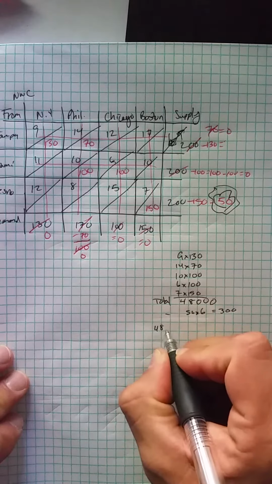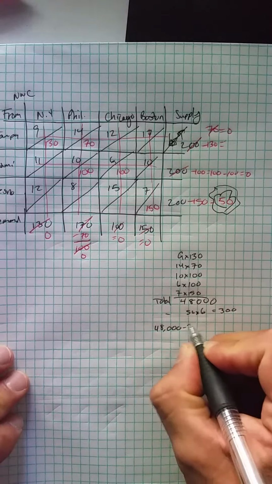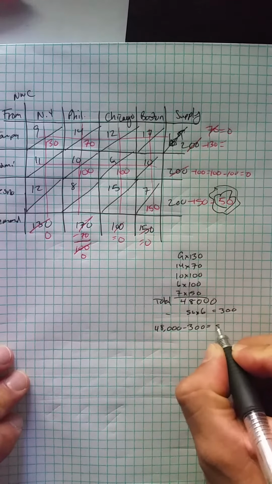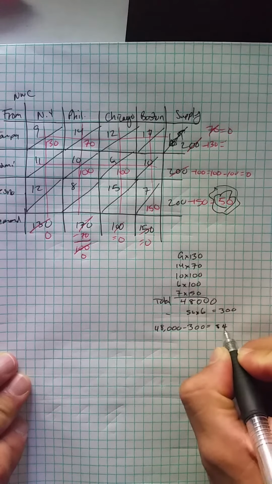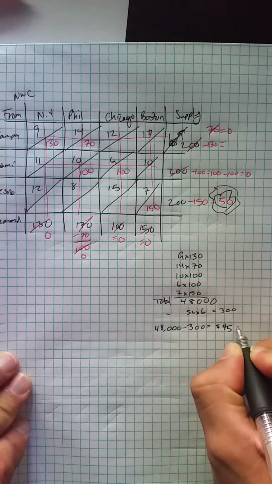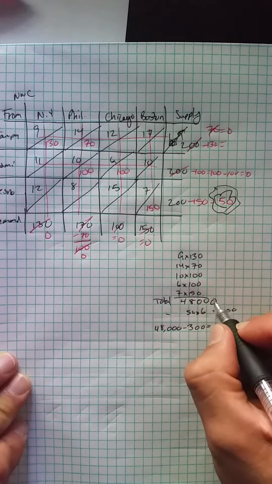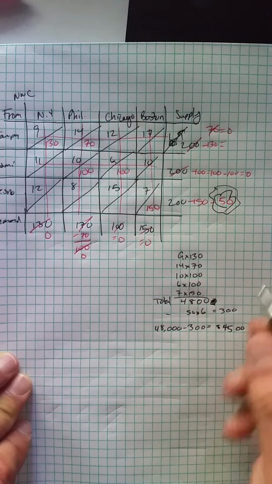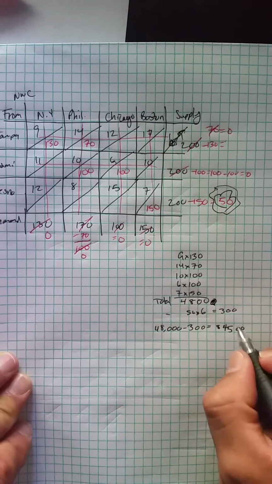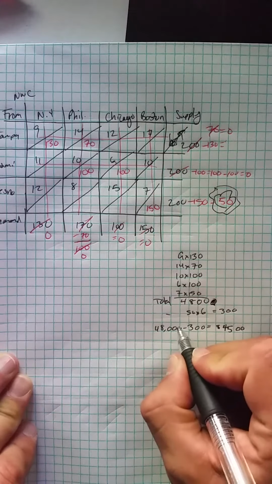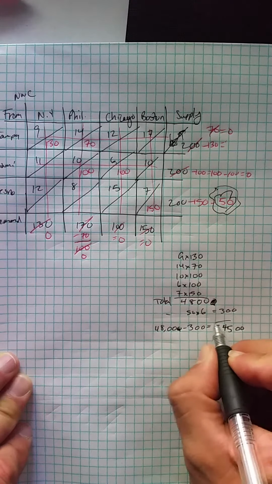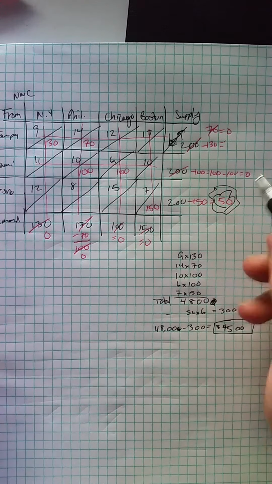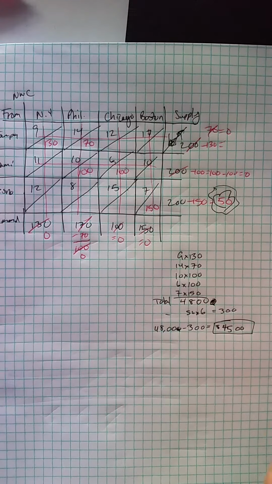So 4,800 minus 300 will equal 4,500. Maybe I added an extra 0. My bad. So yes, 4,800 minus 300 will equal 4,500. And so that's how I think he got that one. So that's my conclusion. You can always do your thing.